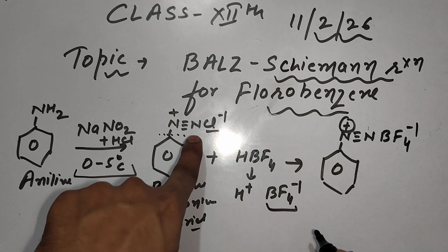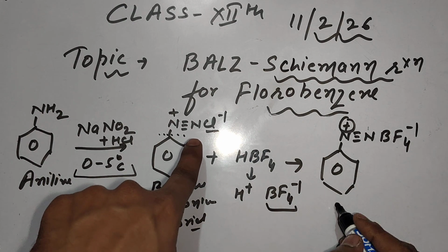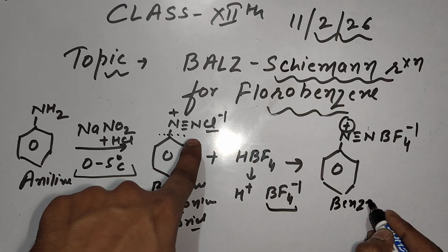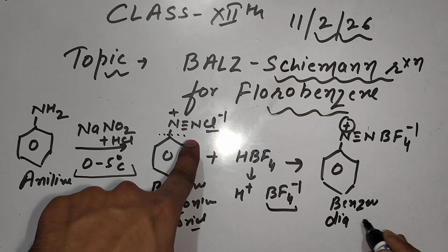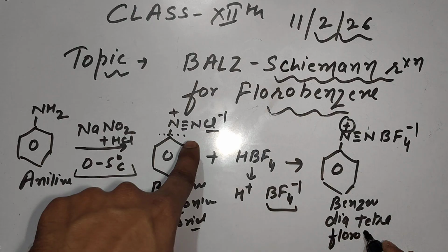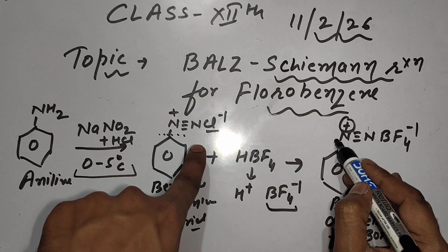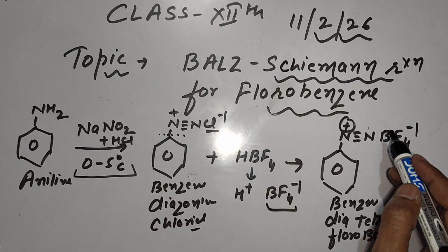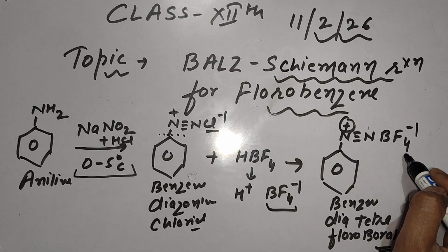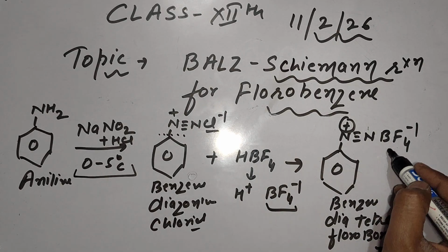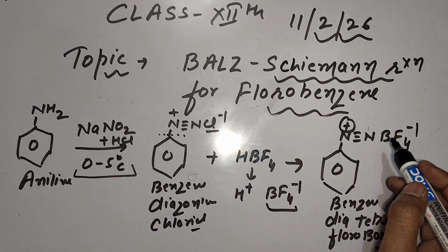We call it benzene diazonium tetrafluoroborate. This is benzene, this is the diazonium part. This is tetra. Tetra means 4, fluorines are there, and borate is for boron.